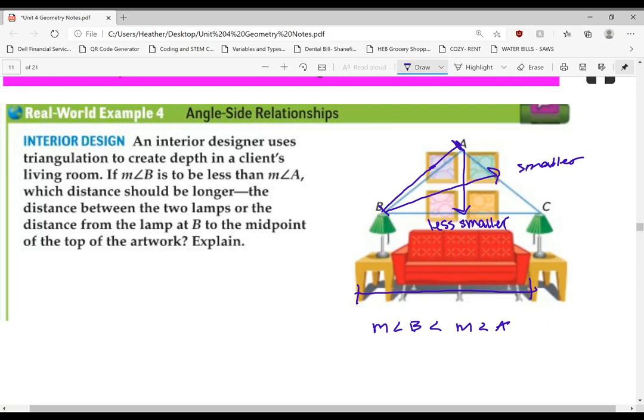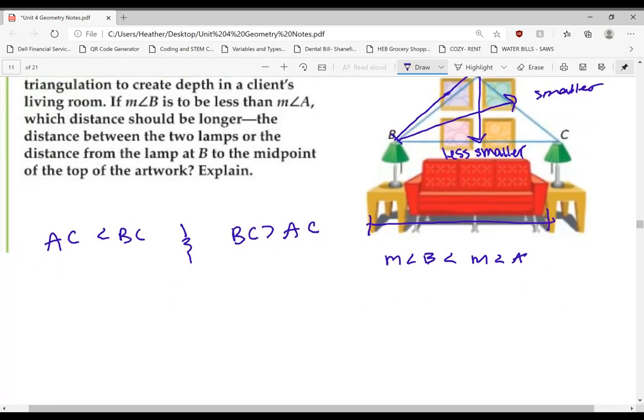So BC, the distance between the lamps, must be greater than the distance from lamp B to the midpoint of the top of the artwork. So AC is less than BC, and BC is greater than AC. So that means the distance between the lamps is greater.